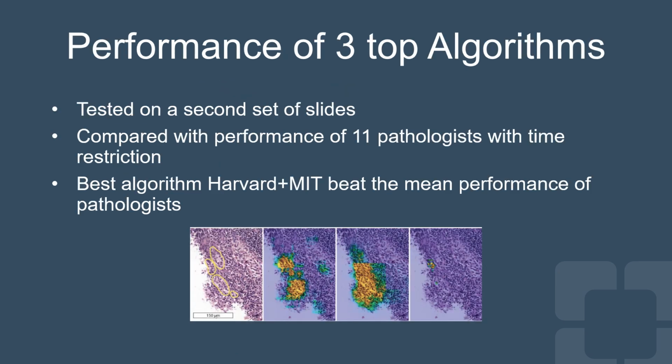So several teams competed to train their algorithms on the training data set, and then this was compared with the performance of the pathologists on the validation data set. The best algorithm was by a team from Harvard and MIT that beat the mean performance of the pathologists.